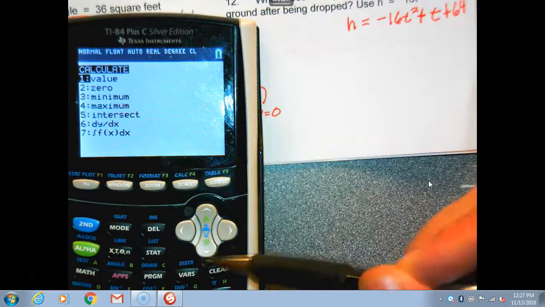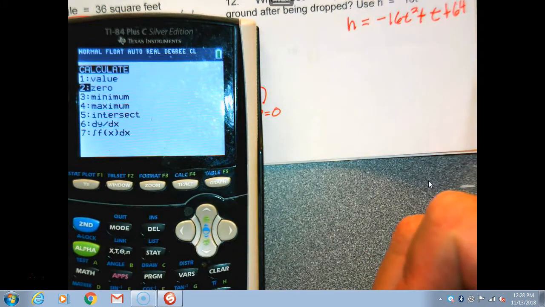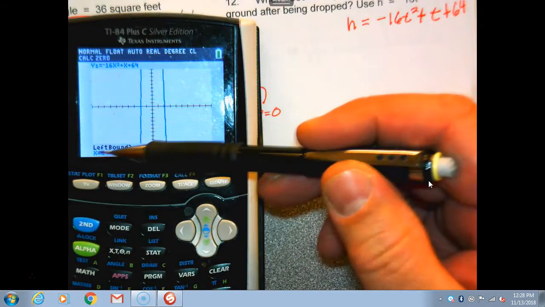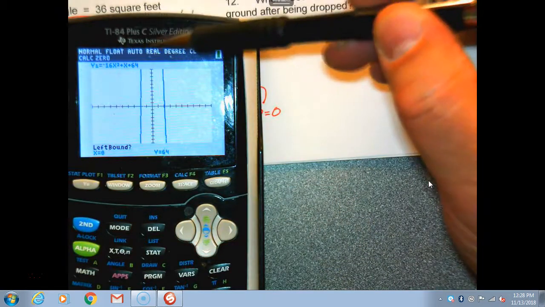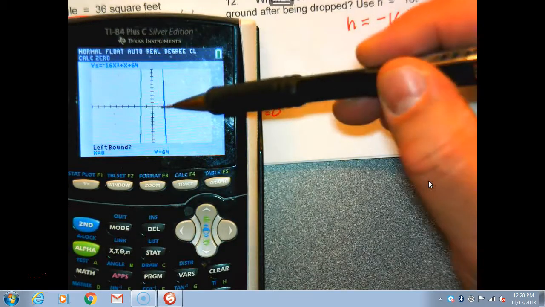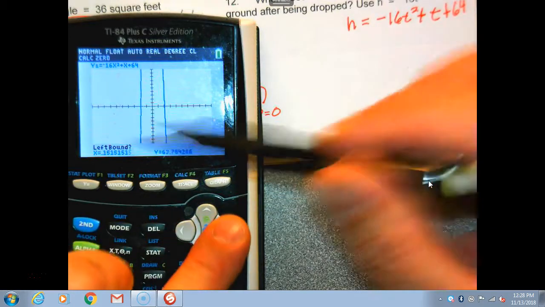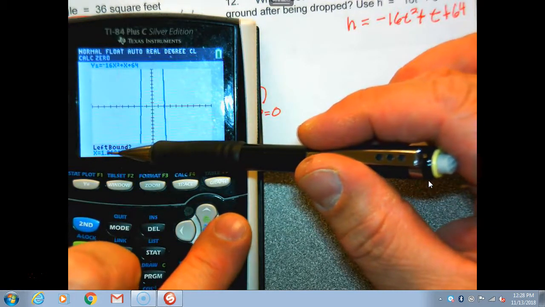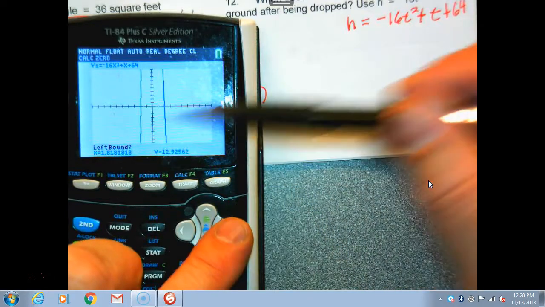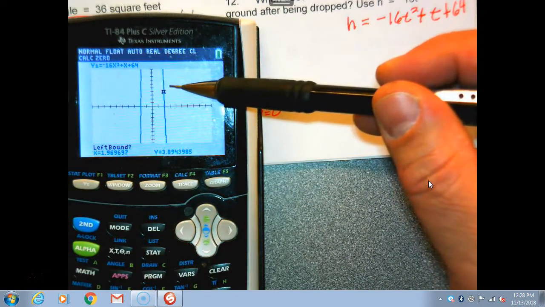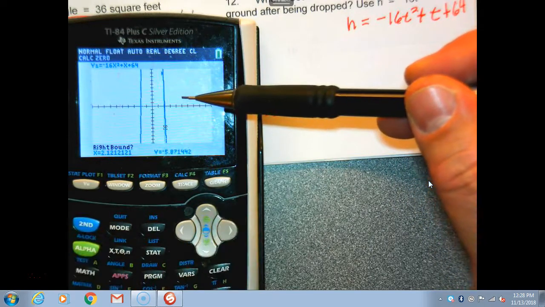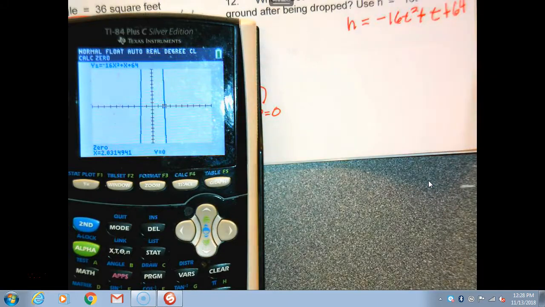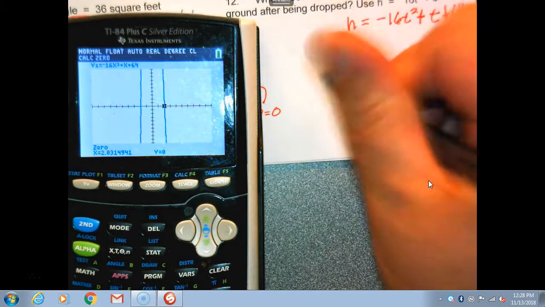I'm going to go to 0. Enter. Now, my cursor's at x is 0, 64. So my cursor's up here somewhere. Okay. So I'm going to bring my cursor closer to x equal 2. So I'm going to use my right arrow, and when it gets close to x equal 2, I should be able to see my cursor. There it is. Okay, it's asking for left bound. I'm going to hit enter, right bound, enter, and I get my answer, 2.03 seconds.